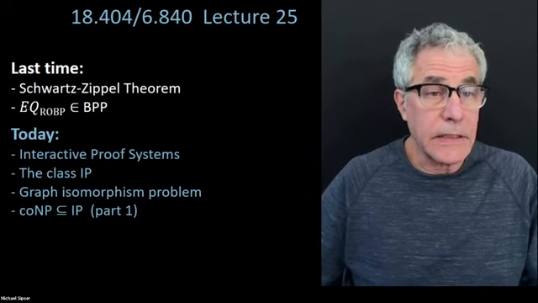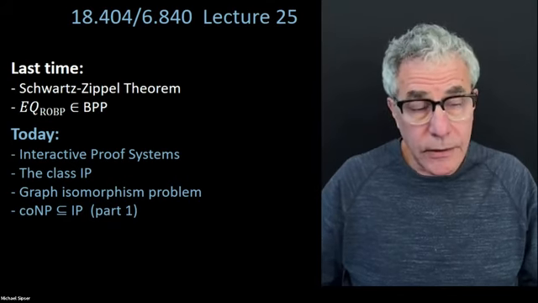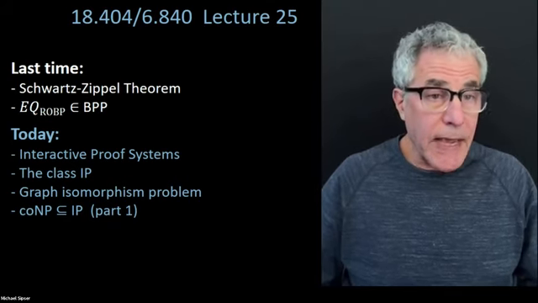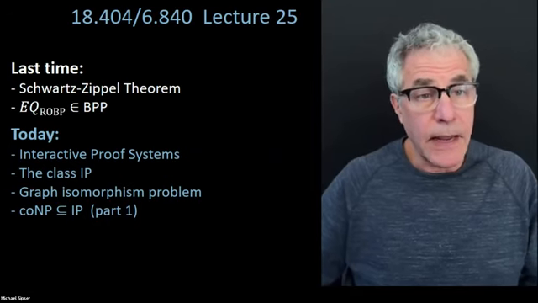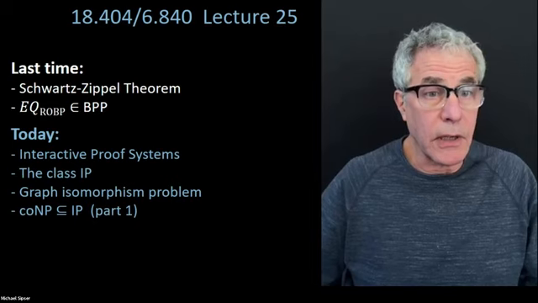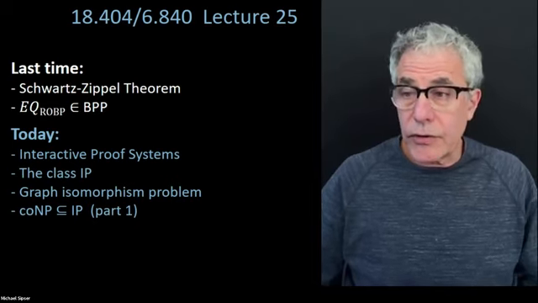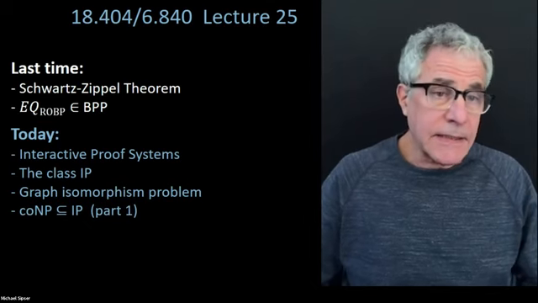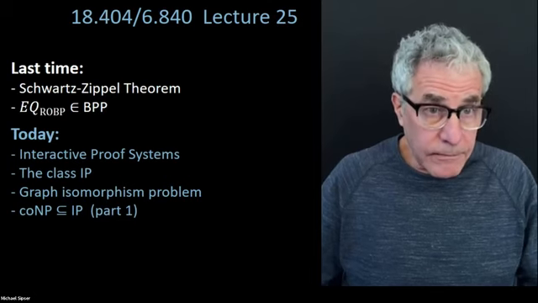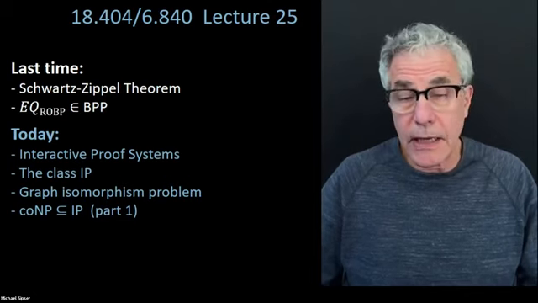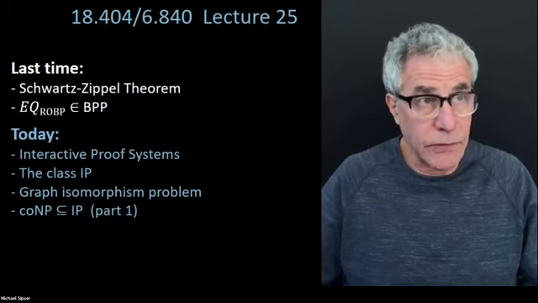And that is, in some ways, going to be following on what we started a couple of lectures back when we looked at probabilistic Turing machines and probabilistic computation and its associated class BPP. Now what we're going to discuss is in some sense a probabilistic version of NP. And that's going to be a complexity class called IP, which stands for Interactive Proof Systems.